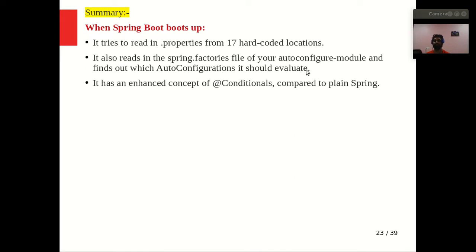So it will evaluate only those configurations or components or dependencies which are defined in the pom.xml file. Now it has an enhanced concept of @Conditional compared to plain Spring. As I said, @Conditional and @Configuration, two annotations are most important and play a vital role for the auto configuration part.